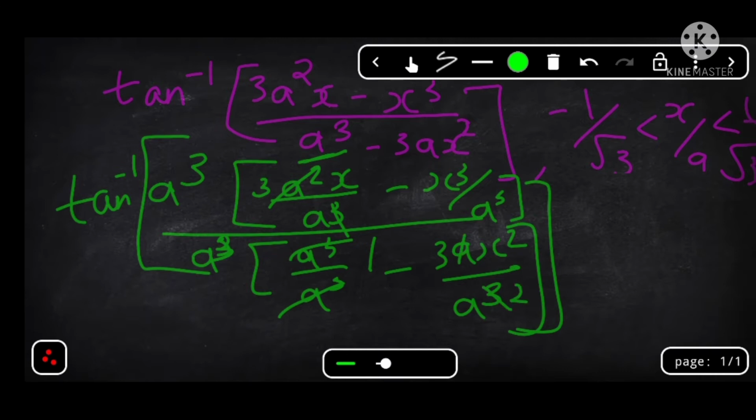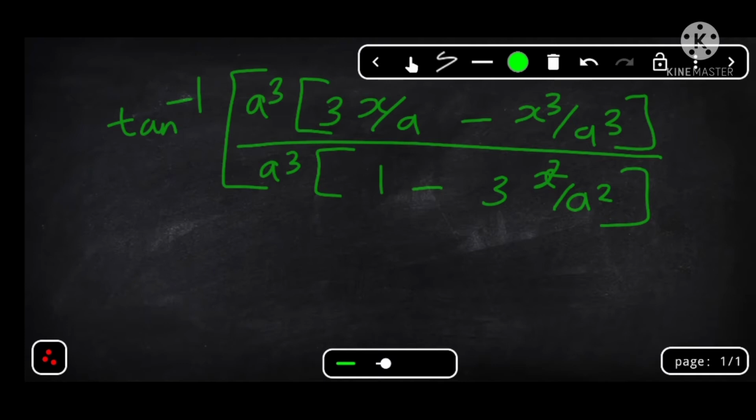Okay. So now what is the final answer? This will be our final answer. Again this a cube and this a cube will get cancelled, because initially we took it outside, right? Our assumption. So both will get cancelled. Now I am just erasing this part.